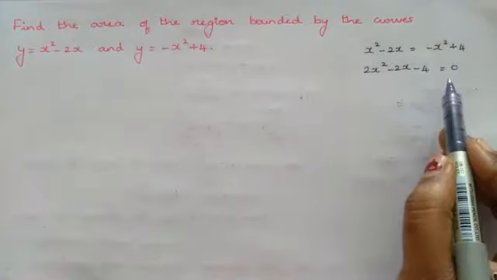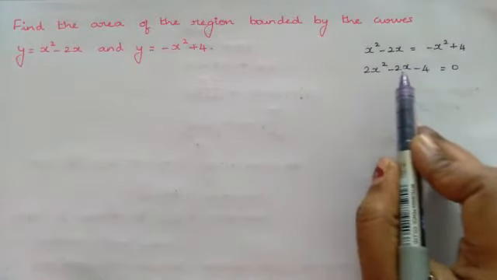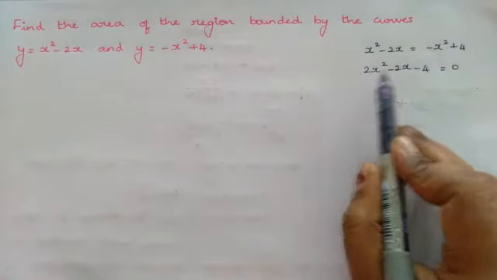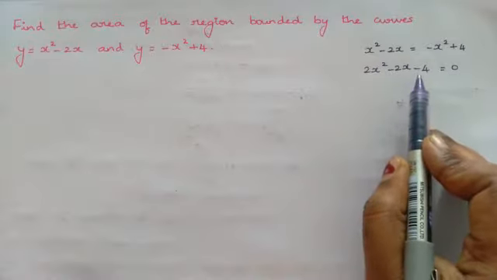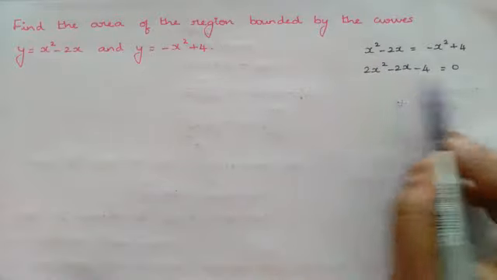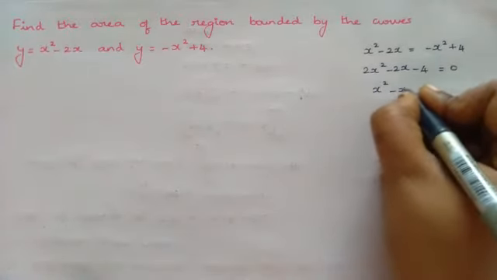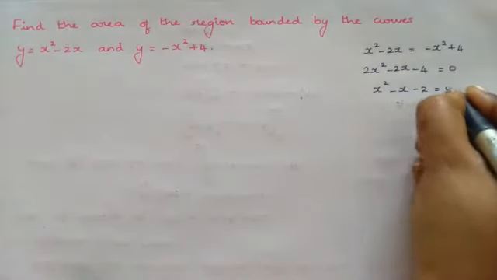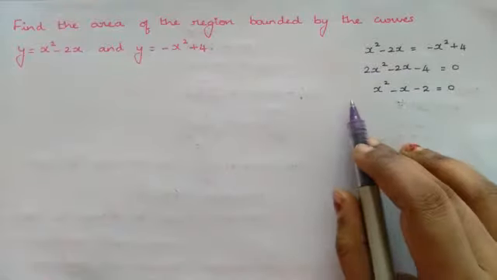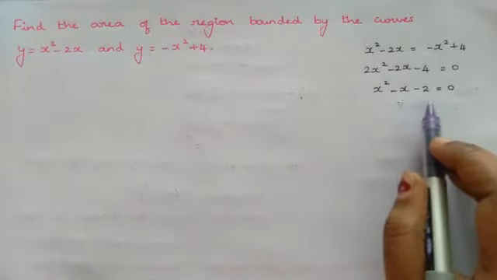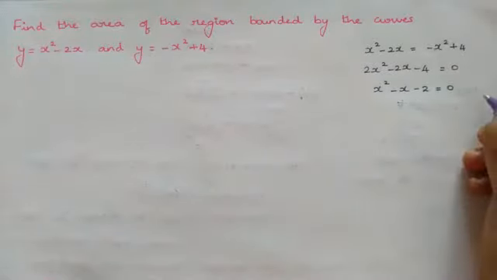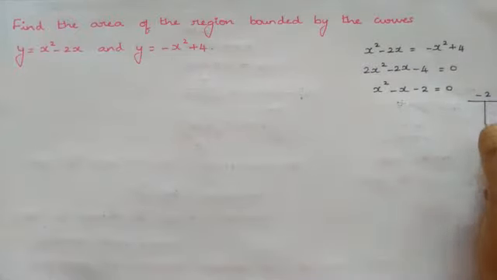The coefficients and the constant are multiples of 2, so let's divide the entire equation by 2. This becomes x squared minus x minus 2 equals 0. Now let's factorize this equation to identify the value of x. The constant is minus 2 and the coefficient is minus 1.